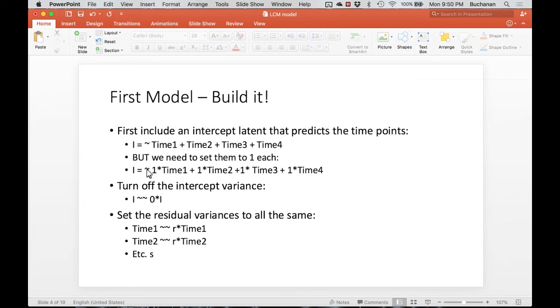We set each one of those paths to 1, which forces all of that estimation to happen on the means level at the latent variable. Then we're going to turn off that intercept variance by doing I tilde tilde is 0 times I, so that turns off the variance, and then we're going to set up the residual variances. So remember, what we can do to set them equal to each other is multiply them by the same label, and that forces them to be equal. And so it takes an average of all those residuals for you.